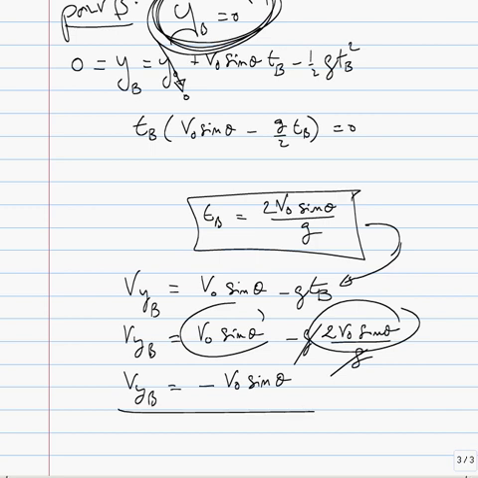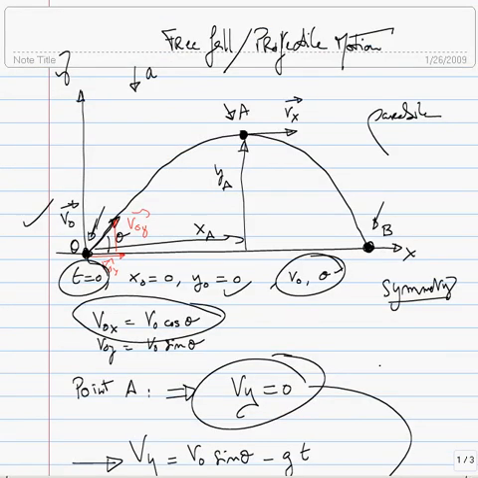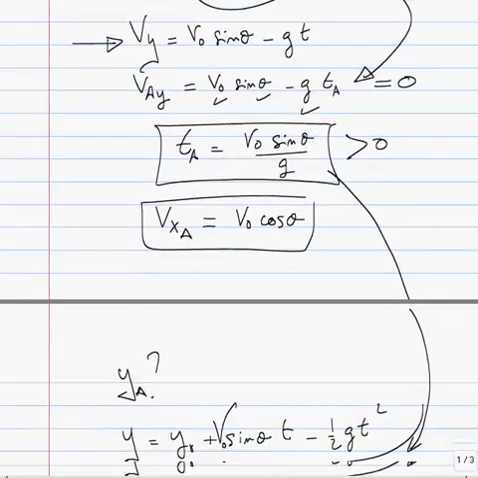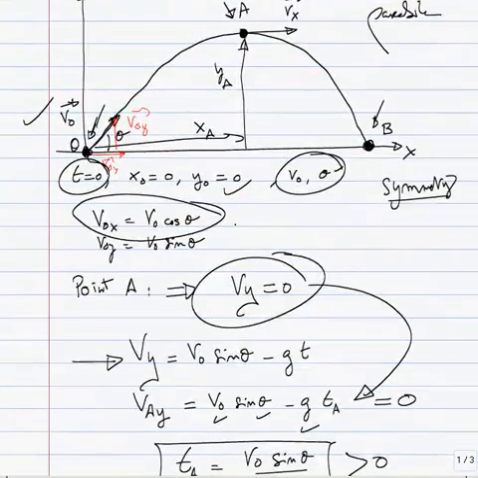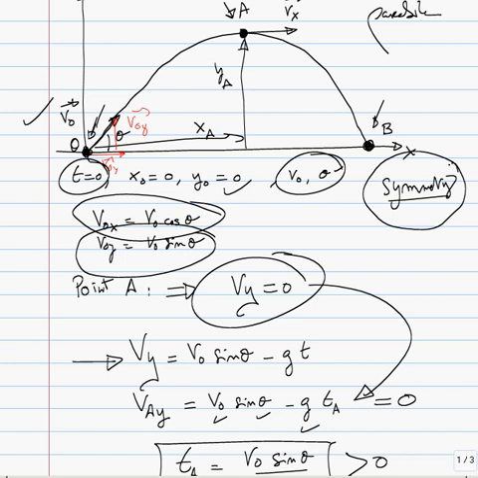And that looks familiar. So what do we see? Again, due to the symmetry, which is only true in the case where you satisfy this, and the fact that the level is the same initial and final, the velocity at this particular time in the y direction will be exactly the same in magnitude as at this point, except here it is going up and here it is going down.